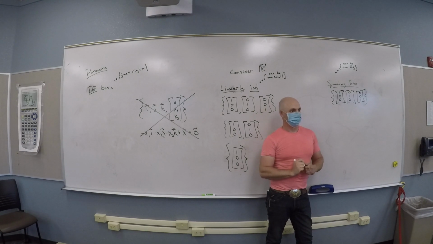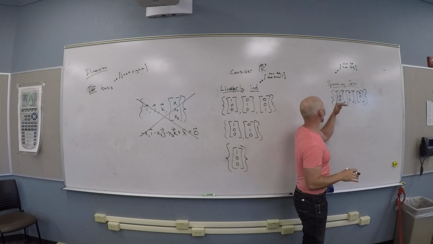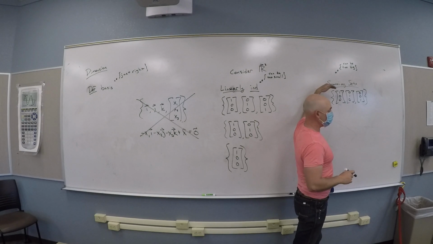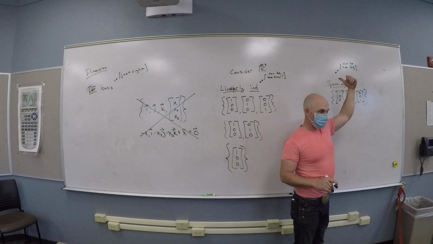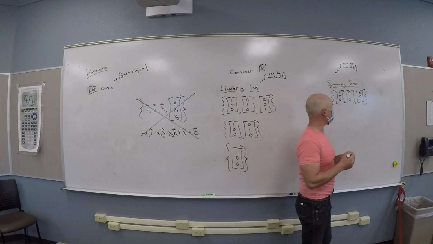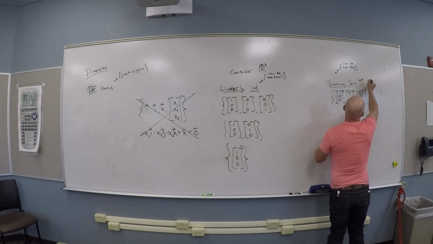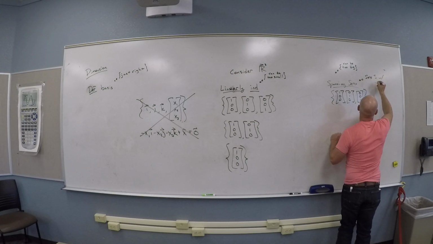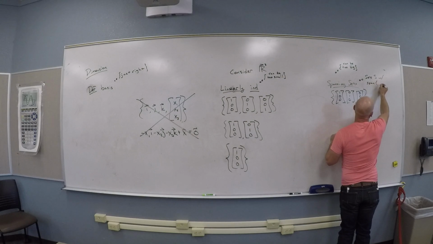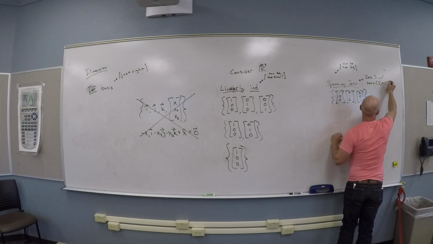Isn't that the point of span? Yeah, so what I'm saying by a spanning set is that the span of this set of vectors is R3. You guys see that? Sets S with span of S equal to R3.